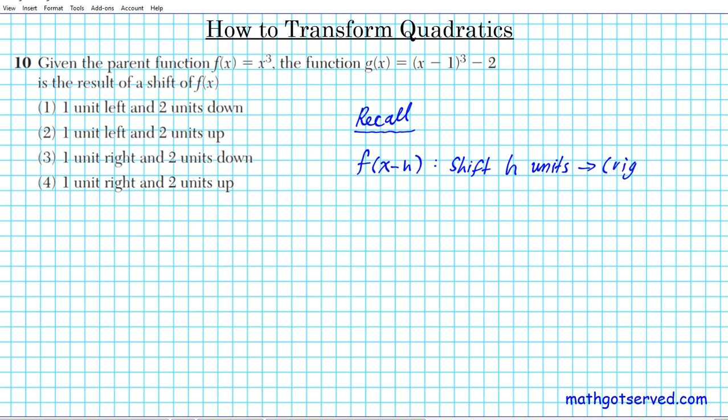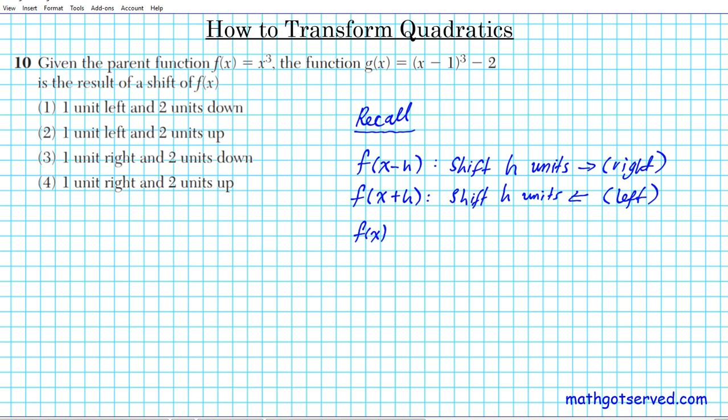Now this is kind of interesting because you have a minus here, and you would think intuitively that when you compose a function with x minus an integer, it will cause a shift to the left, but it's actually backwards. Okay, so f composed with x plus h, in this case you have a shift h units to the left. So whatever is grouped with the x, you're looking at the opposite. The opposite effect, that's what's going to happen.